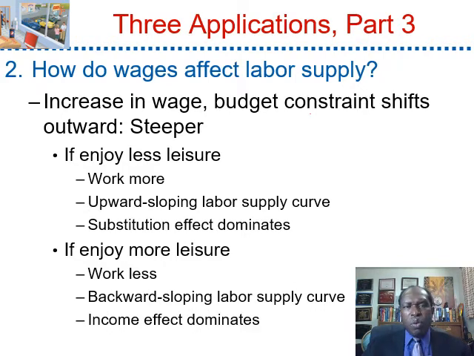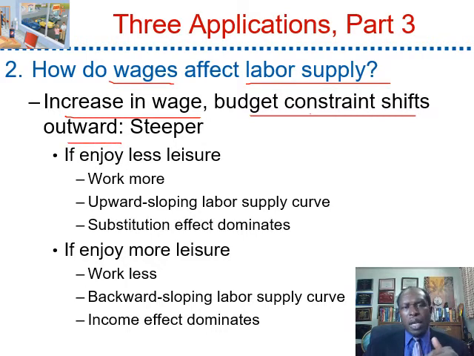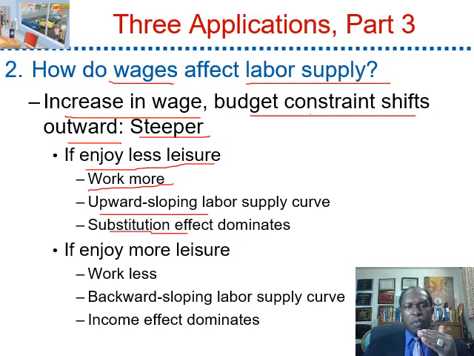So how do wages affect labor supply? For instance, if there is an increase in wage, the budget constraint will shift outward and become steeper. If you enjoy less leisure, you'll be working more, and the labor supply curve will be upward sloping in that case, and therefore the substitution effect will dominate the income effect.